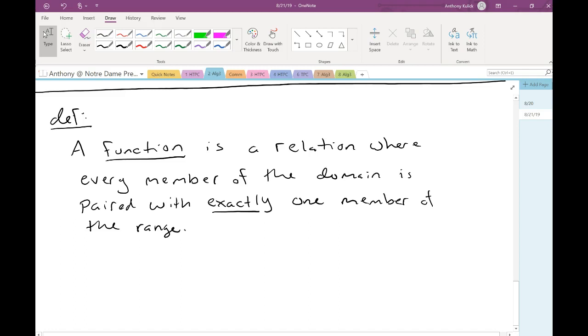So, question, which one is there more of? Do we have more relations or do we have more functions? I'll come back to you just one second.